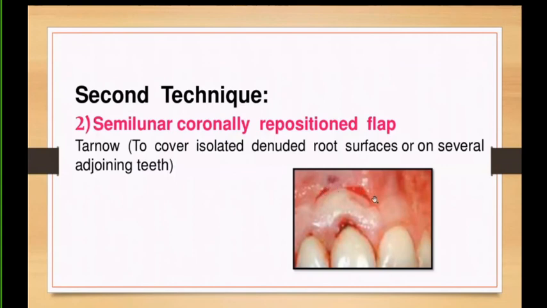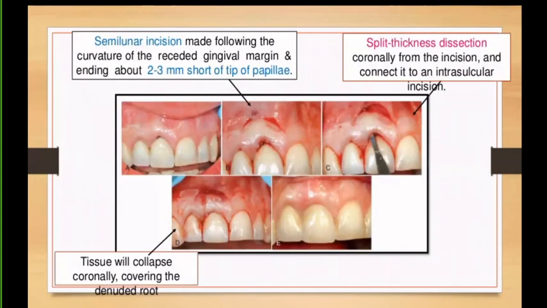You will give a partial thickness incision, and using an instrument, you just push that semilunar flap coronally. There is no need for a suture for the semilunar coronally repositioned flap. You can just place a pad. Sometimes you can also give a suture, but it's not mandatory. It was described by Tarnow. See, this is the procedure. The patient has a little bit of exposure of the implant.